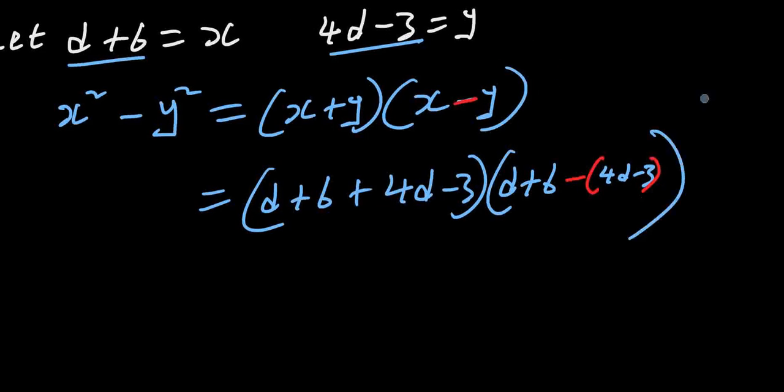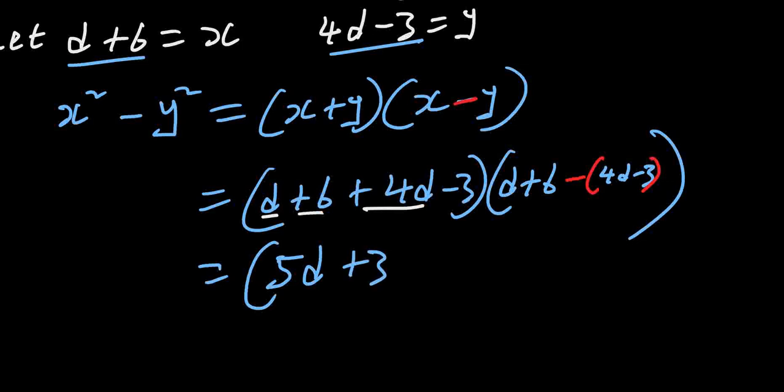Okay. So now over here we have d plus 4d is 5d. So this will be 5d, and also we have plus 6 minus 3, that's going to give us plus 3. And here is d plus 6, negative times 4d is negative 4d, negative times negative 3 is positive 3.